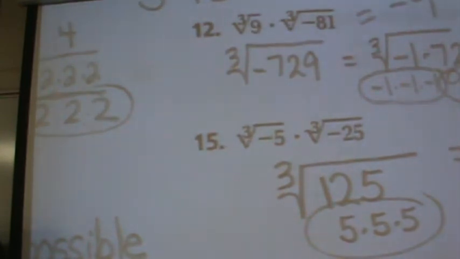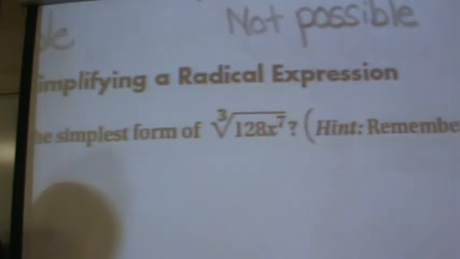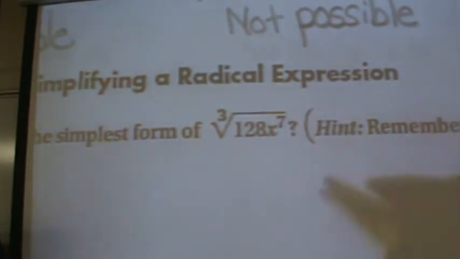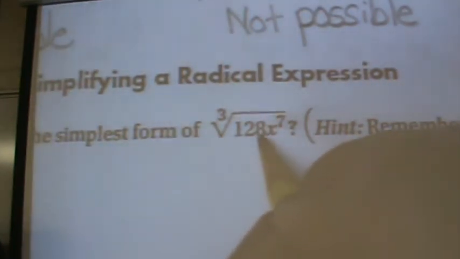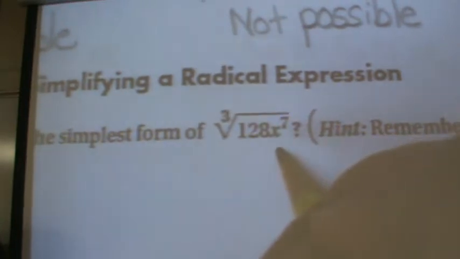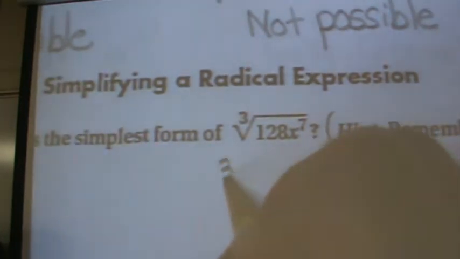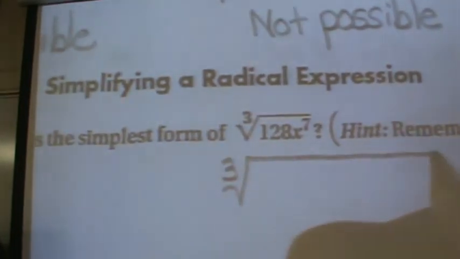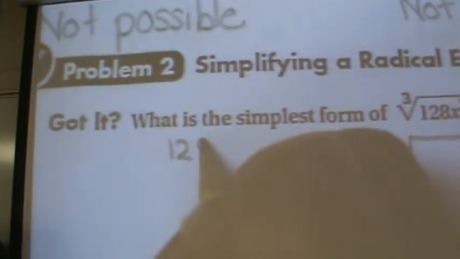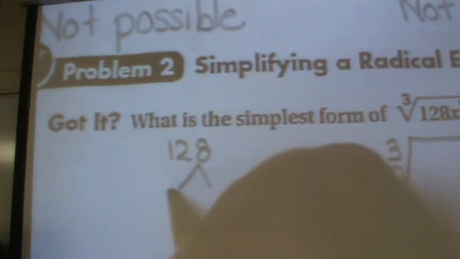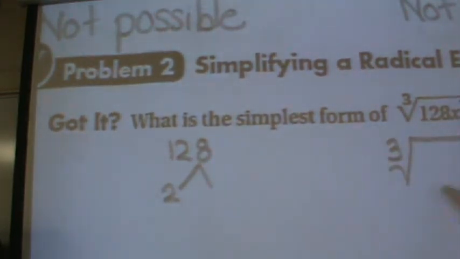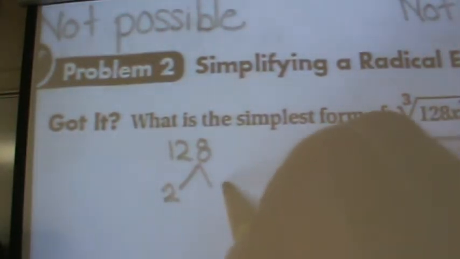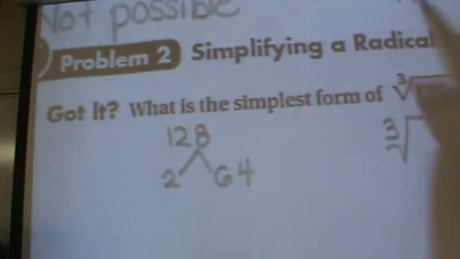Okay, now we're gonna mix letters and numbers. I want you to break up 128. Now, I don't know what 128 is, so this is what I'm gonna do. I make my little cube root, and I start here, 128. I know it's an even number, so I can cut it in half. 2 goes into 128 how many times? 64.